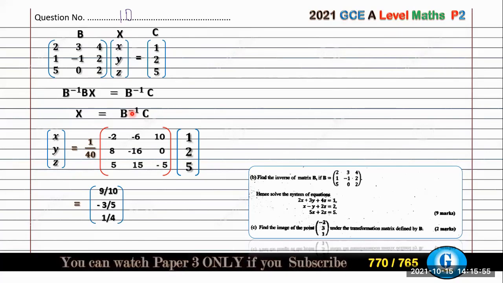Okay. The last thing is to find the image of this point. The image of this point is just obtained by pre-multiplying this point by the inverse matrix.